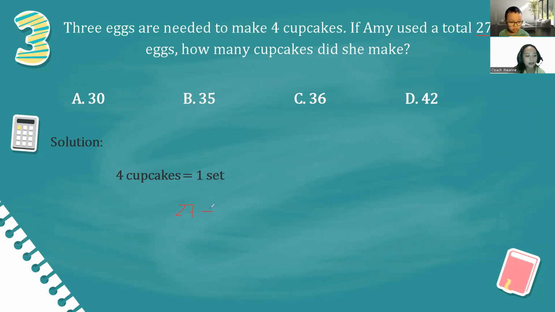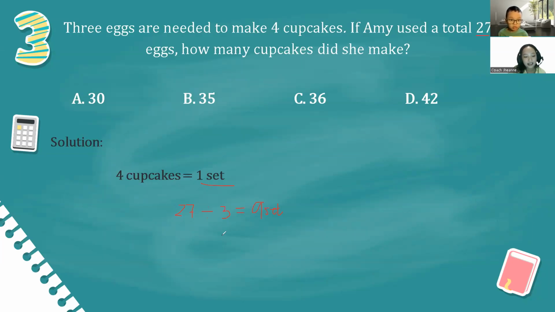by how many eggs she needs in a set. It's 3, right? Okay. 27 divided by 3 is equal to 9. Okay. So that means that Amy made 9 sets of cupcakes. Now, we have assumed here at first that a set contains 4 cupcakes.